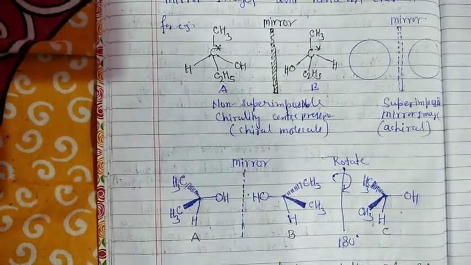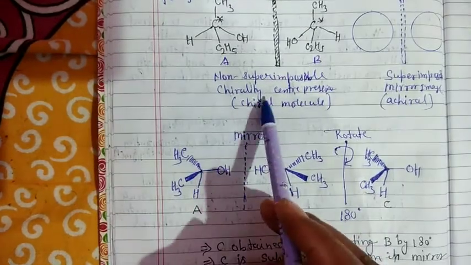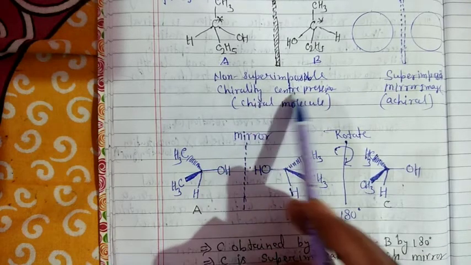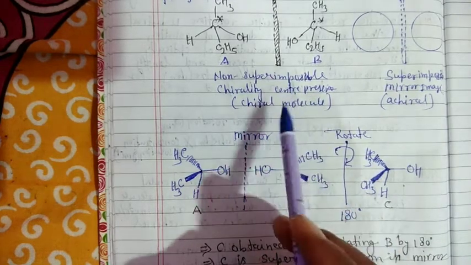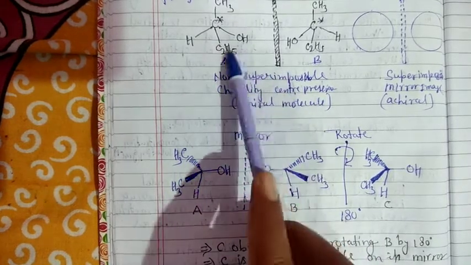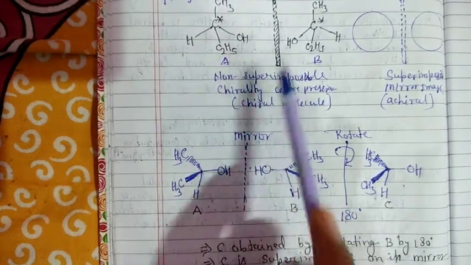So it is the chirality center, and this is a chiral molecule. Why? Because these images are not superimposable, so this is chiral.